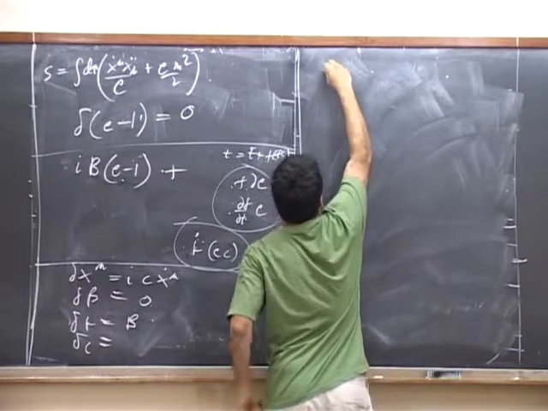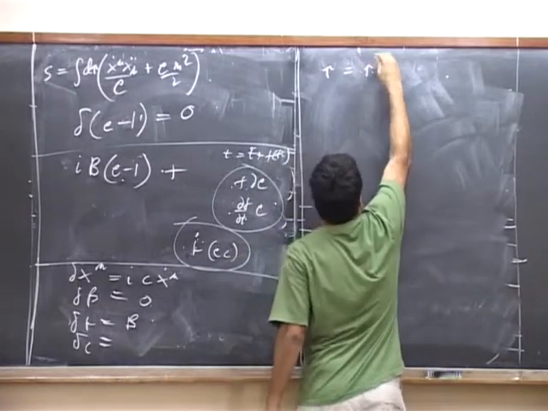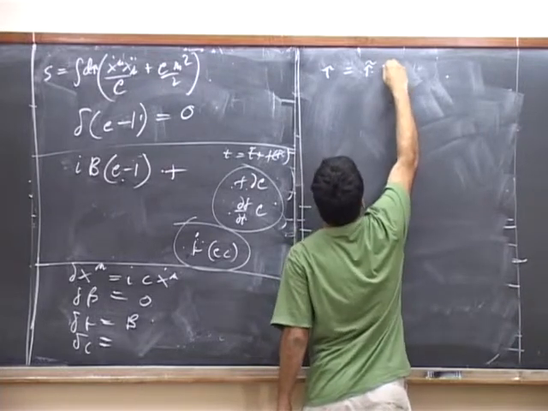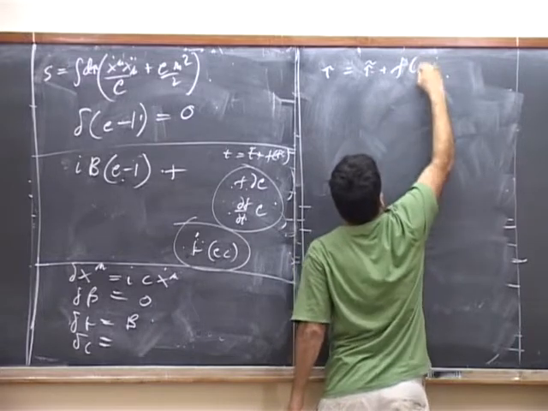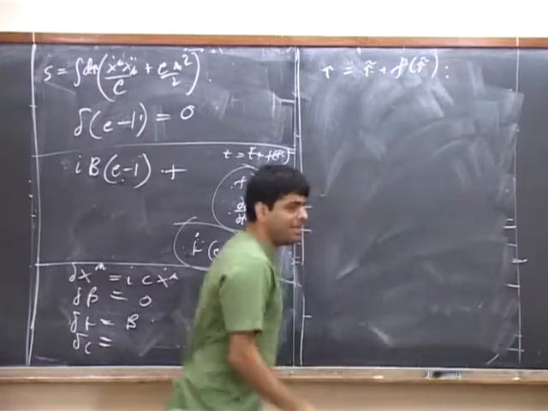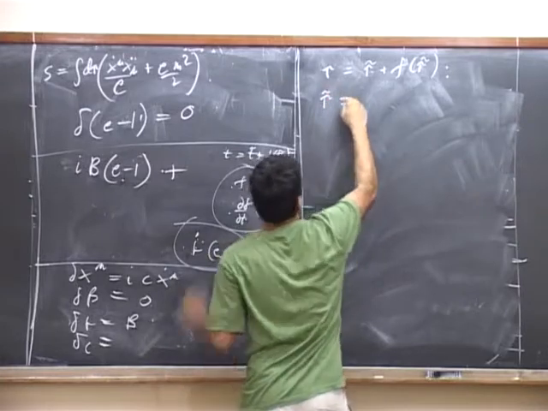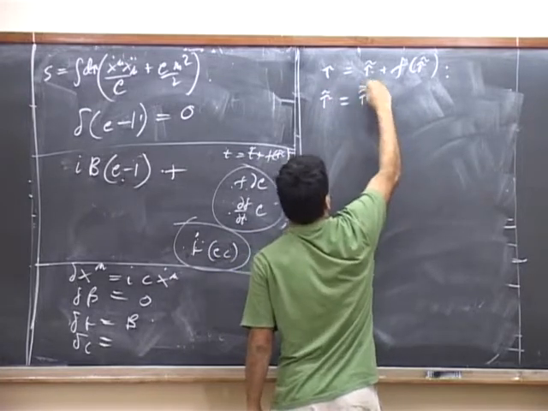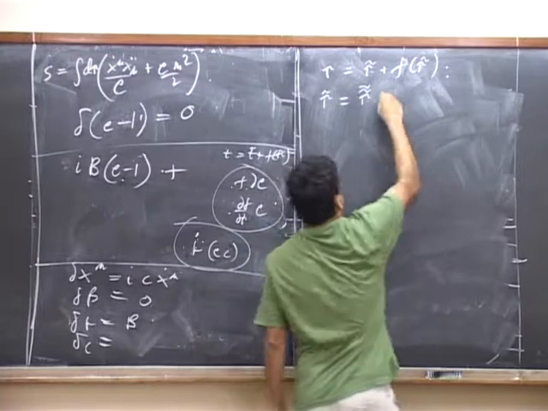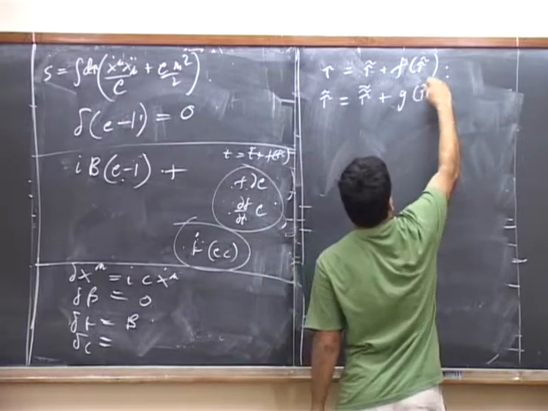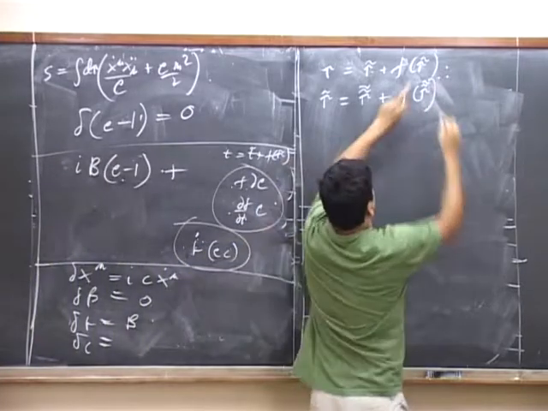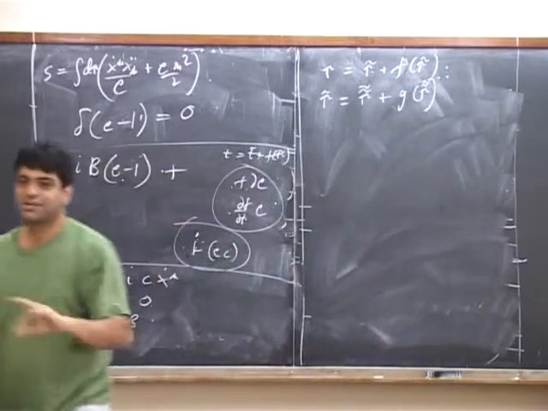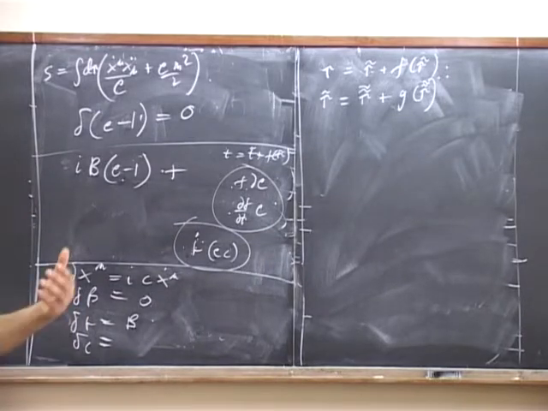Suppose tau is equal to tau tilde plus F of tau tilde, and then tau tilde is equal to tau double tilde plus G of tau double tilde. Or you do it the other way around: you interchange the functions F and G. You want to see what difference you get in this quadratic definition.